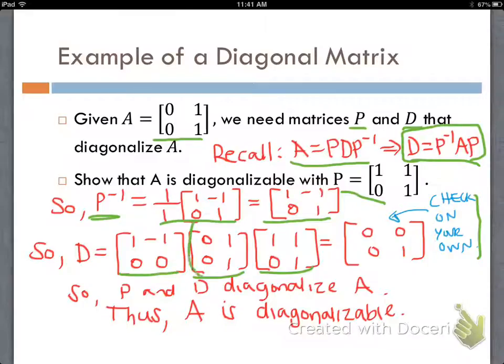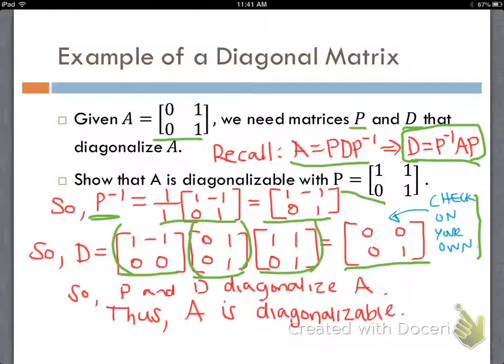It's matrix multiplication, so you can multiply those two first, or you could take the other two and multiply them first. It's up to you, right? But you should all receive the same answer. So just stop the video for a minute and quickly do this and confirm that you get that matrix, okay? Because I could have made a mistake, so confirm it. All right, so P and D diagonalize A, okay? Thus, A is diagonalizable, okay?